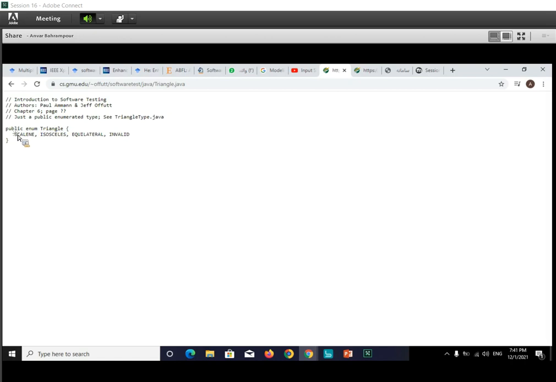And in the scalene triangle, there is no relationship among the sides. So there are three types of triangles, and we want to design a method to detect the type of any triangle.